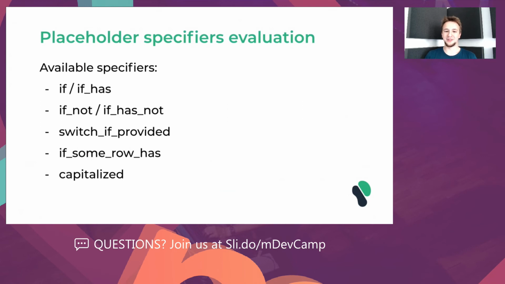And there are those placeholder specifiers, which make it possible for the generator to decide when the subtemplate's content should be used or not. And let's go quickly through those.